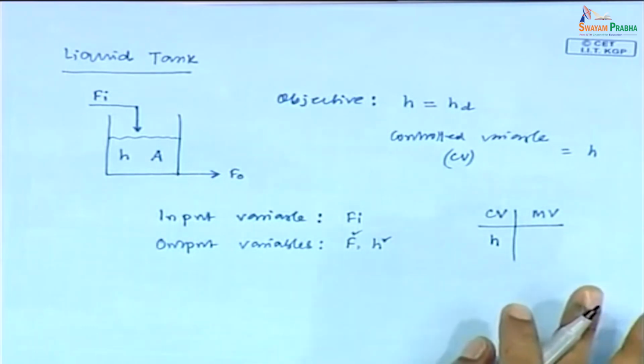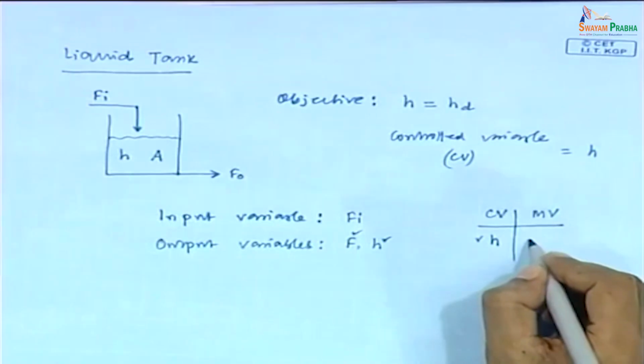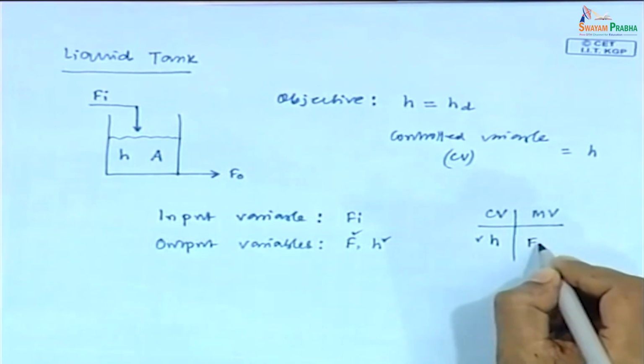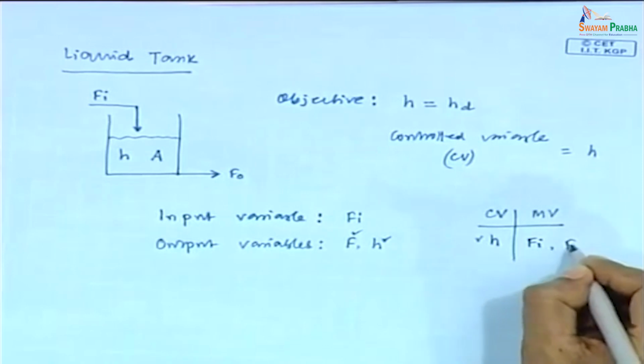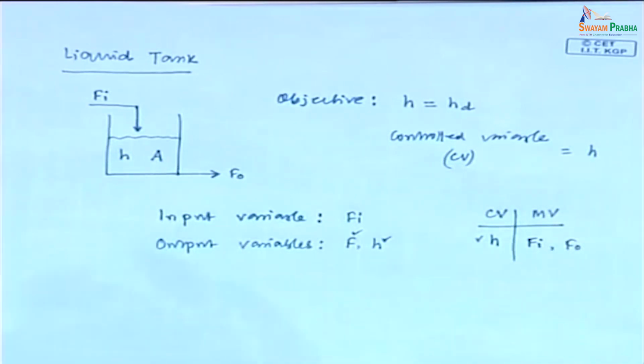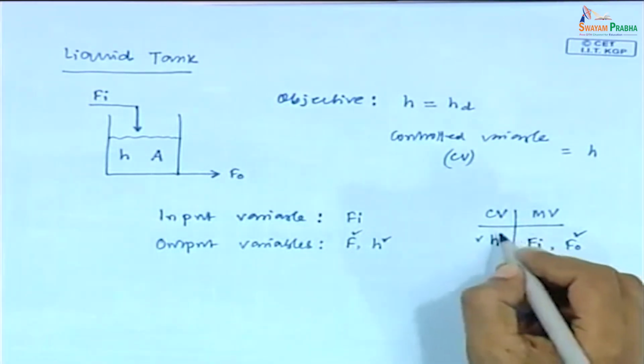To maintain this liquid height, which variable can we adjust? Fi or F naught? I think we can do both, Fi and F naught. I am just making one control configuration. Suppose this F naught is the manipulated variable corresponding to liquid height H.